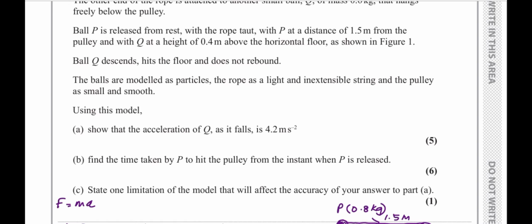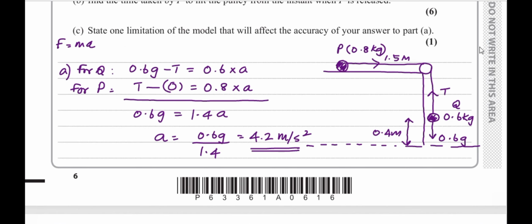Part B. Find the time taken by P to hit the pulley from the instant when P is released. Here we have to calculate the time in two installments. First, the time taken by Q to reach the ground, and then after that the time taken by P to travel the remaining distance to hit the pulley. So for the first part of the journey, let's write s equals ut plus half at squared.